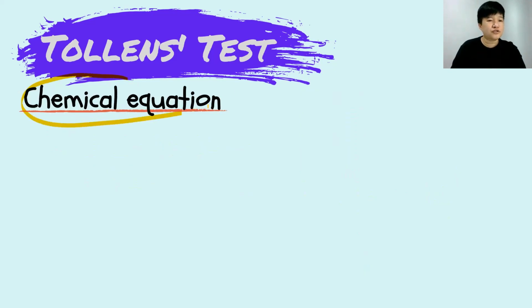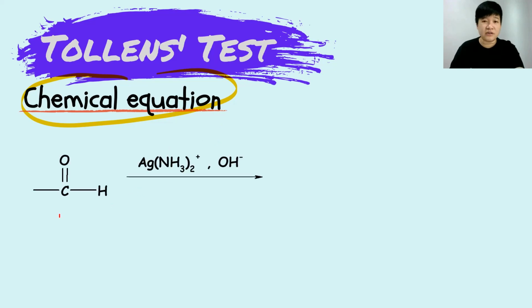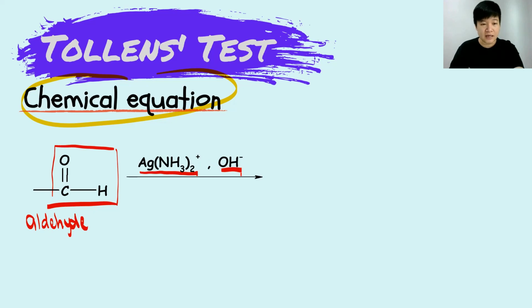Okay? How should the chemical equation look like? The chemical equation is very, very simple. You have the presence of your aldehyde over here. And obviously, it's an aldehyde because you have a C double bond OH. And you react with your ammoniacal silver nitrate, Ag(NH3)2+, in an alkaline solution. And what will happen is the H will be removed, replaced by O minus.